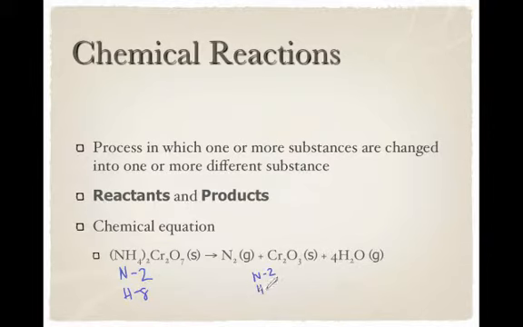And is there 8 on this side? Yeah. How about chromium? 2. And on this side? 2. And then oxygens? And on this side? 3 plus these 4, so we have 7. So it is balanced.